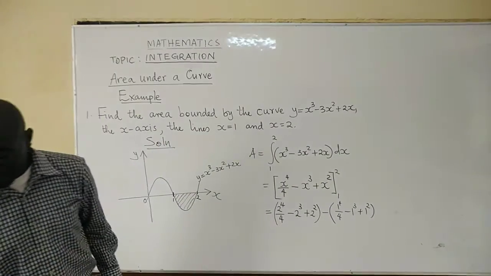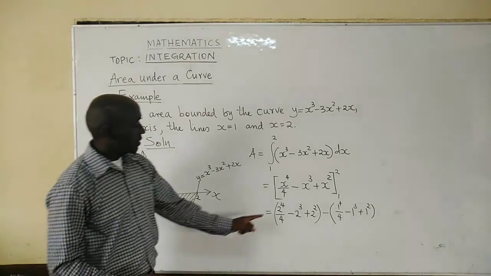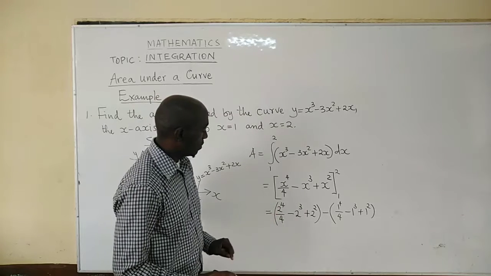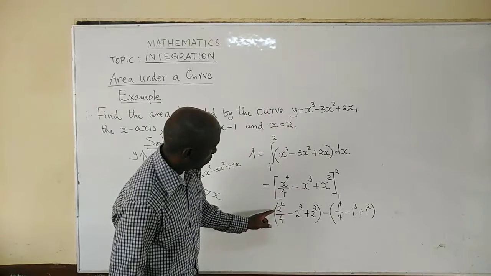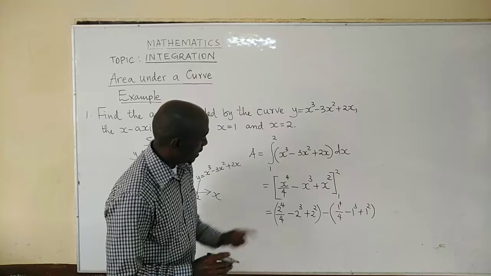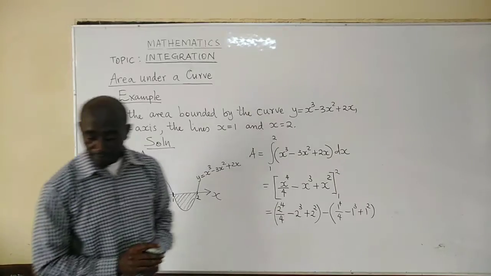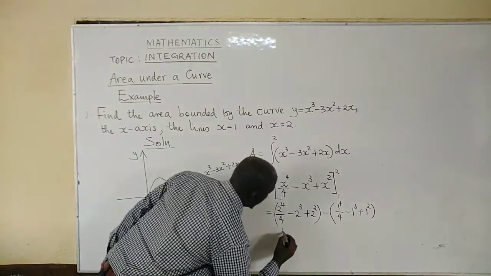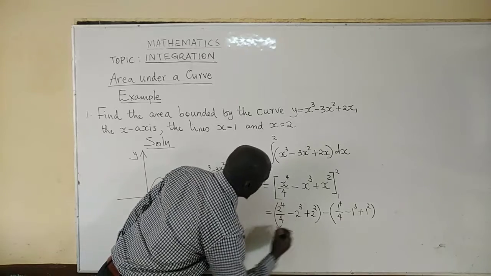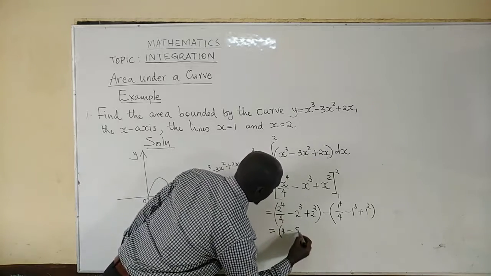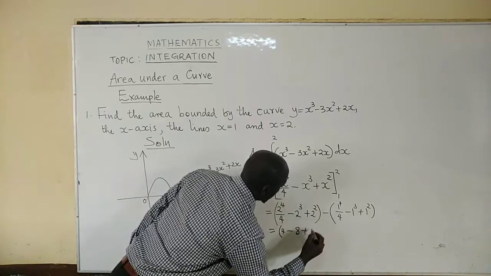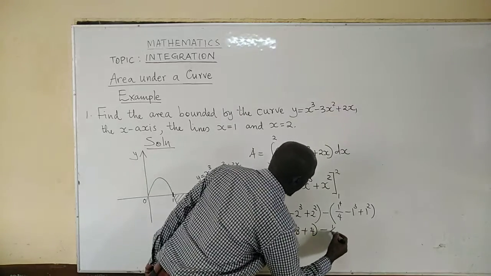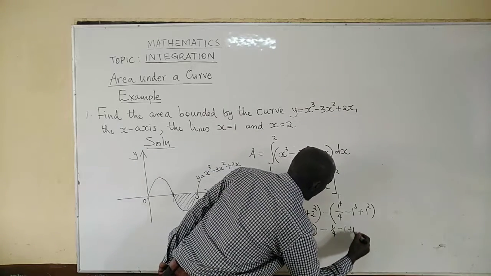Then you subtract that. This is 16 over 4, since 2 power 4 is 16, which is 4, minus 2 power 3 is 8, plus 2 power 2 is 4. Minus, here we'll have a quarter, minus 1 plus 1.